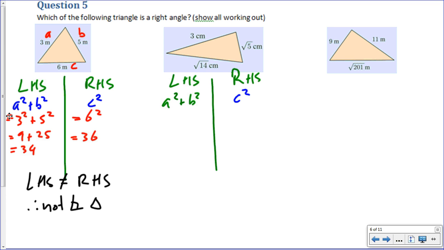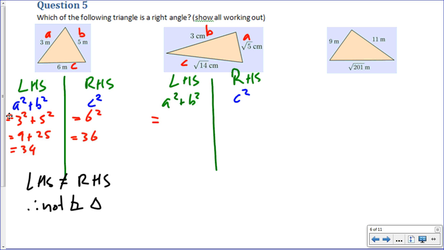Square root of 14 is going to be somewhere between square root 9 and square root 16, so it's somewhere between 3 and 4, so that's going to be the longest side. If you're not quite sure, put it in the calculator, find out its exact value, and see how it compares. I know square root 5 is going to be the least, because that's between square root 4 and square root 9, so it's going to be somewhere in 2. So 3 is going to be the middle number.